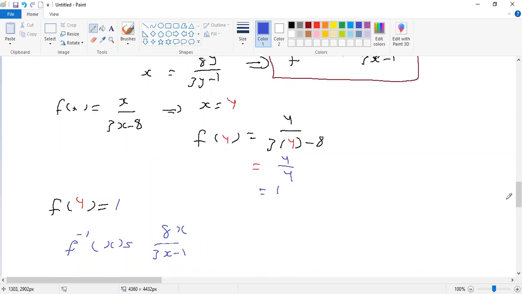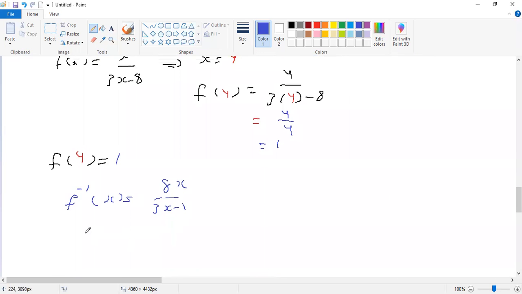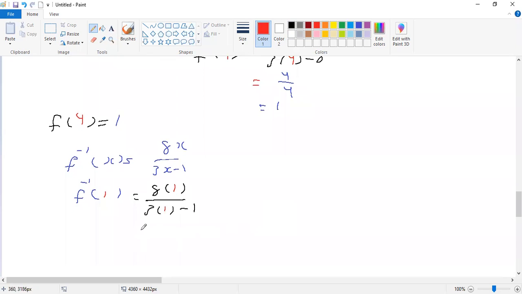Now what about f inverse of 1? F inverse of 1 is equal to 8 times 1, which is 8, over 3 times 1 minus 1. So 3 times 1 is 3, 3 minus 1 will be 2.